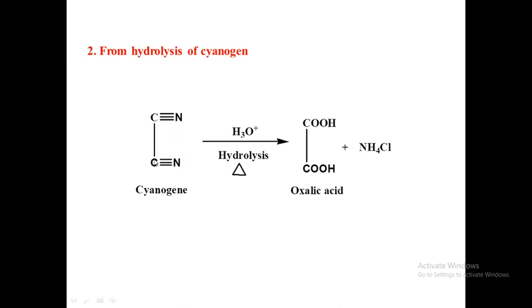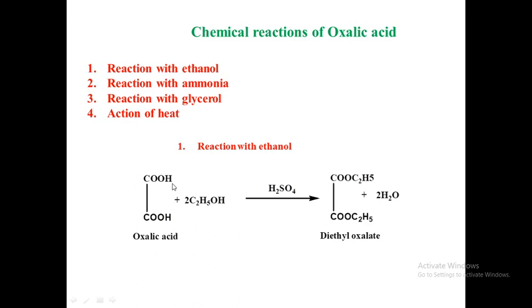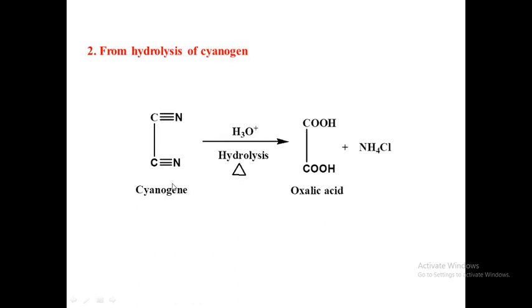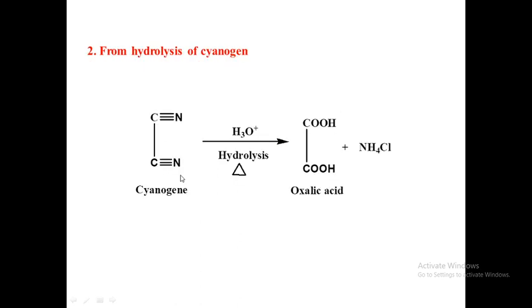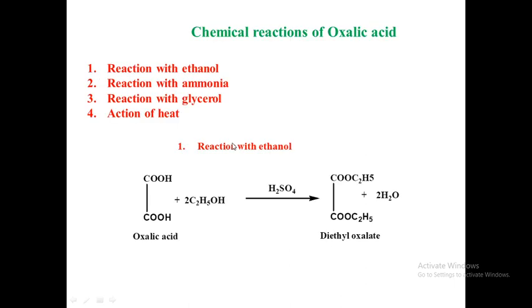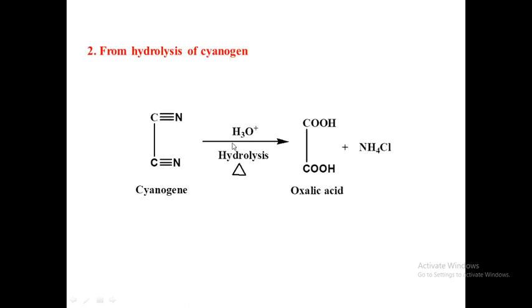When cyanogen is hydrolyzed using hydrochloric acid and water, then heated, it gives our target compound, oxalic acid.